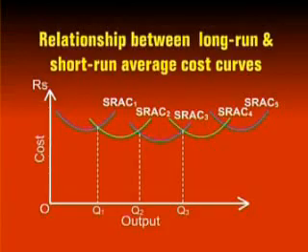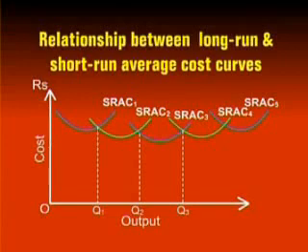And similarly, there is an infinite number of short-run average cost curves that can be drawn. Note crucially, however, that the way we've drawn these curves is that initially the short-run average cost curves fall a little bit.